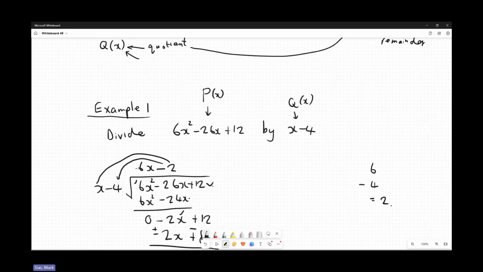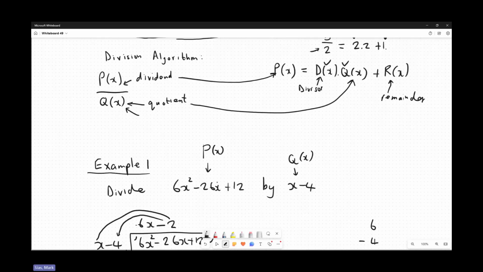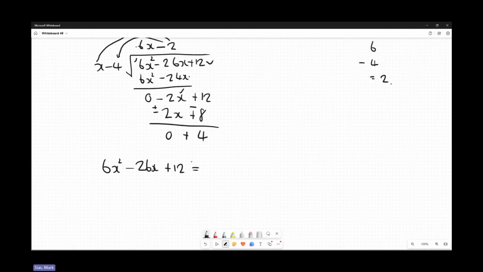We had our divisor times our quotient. Well, here's my divisor, 6x minus 2. And here's my quotient, x minus 4, right? And my remainder was equal to 4.